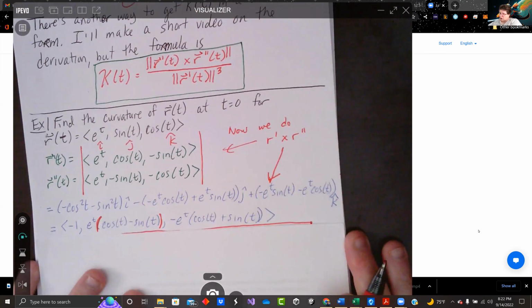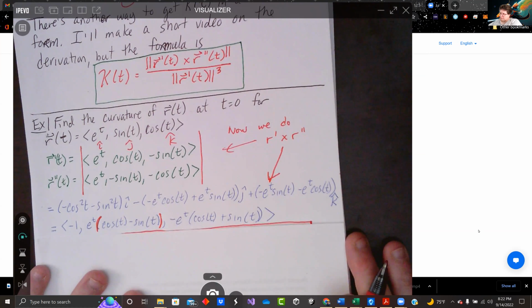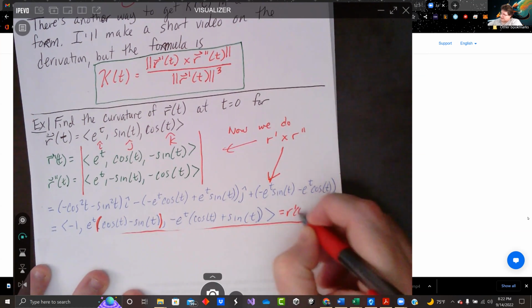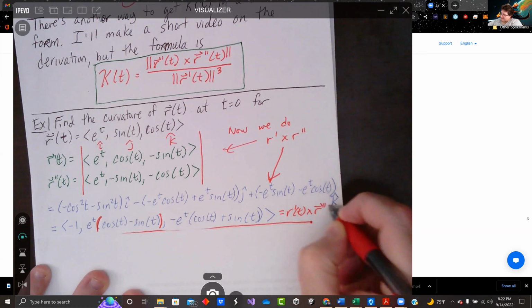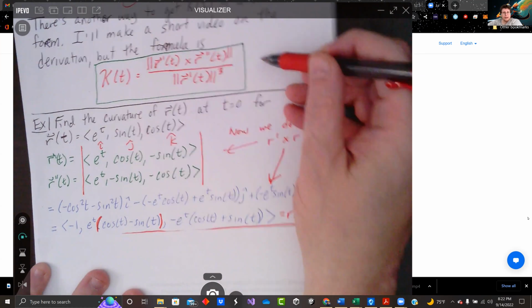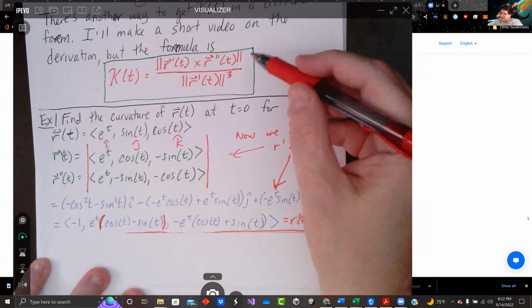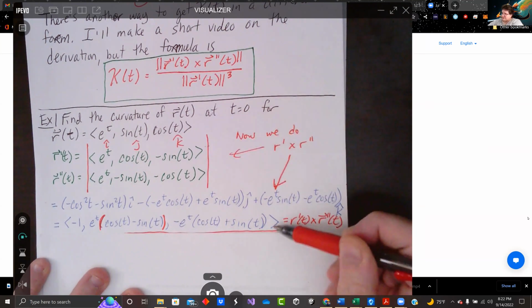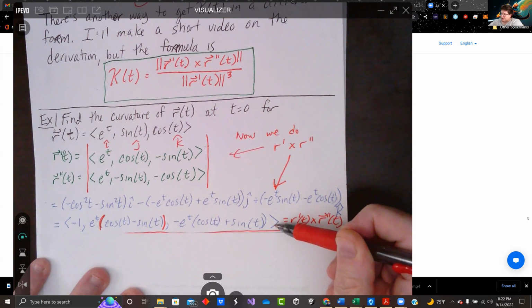That's our r prime cross r double prime vector. So we're trying to make this kappa right here. We already have r prime, so we can take the magnitude of that and cube it. We can take the magnitude of this vector, and we'll be good to go.